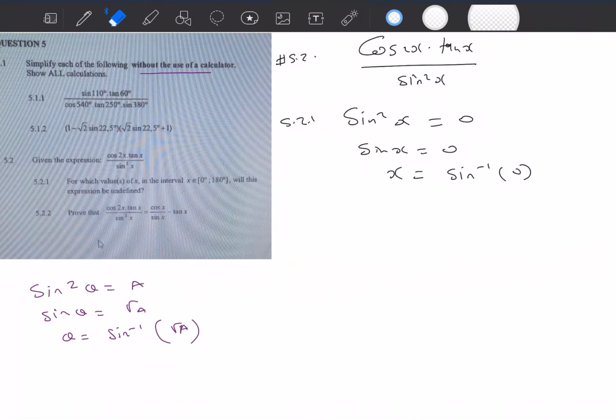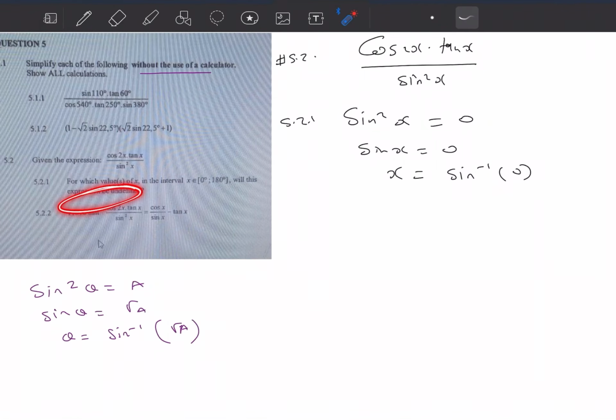Alright, so what you need to do from here? They say, for which value or values of x in the interval 0 to 180 will this expression be undefined?